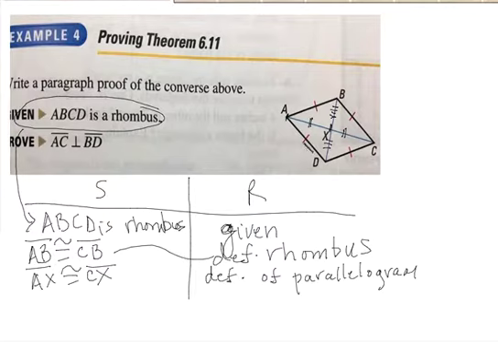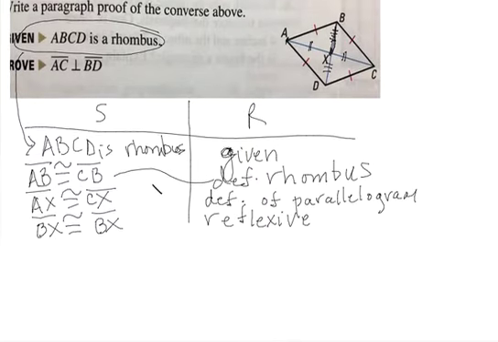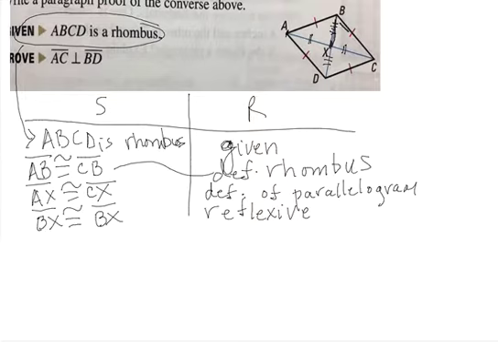All right, so now what do we got here? We also know that BX right here is congruent to itself, because of the reflexive property. Now notice this. We have basically established that this triangle, ABX, and this triangle, BCX, are congruent to each other.